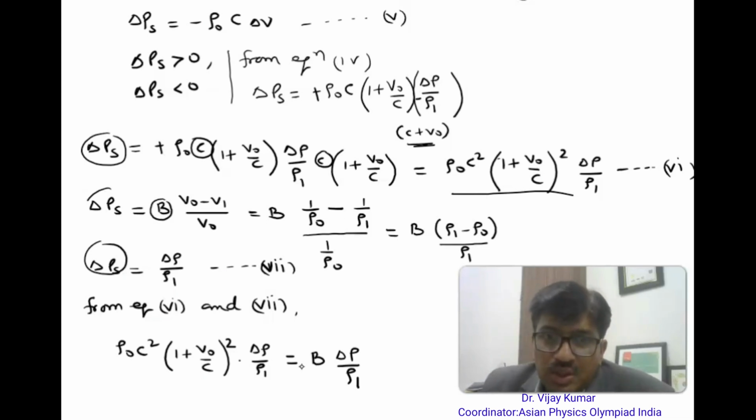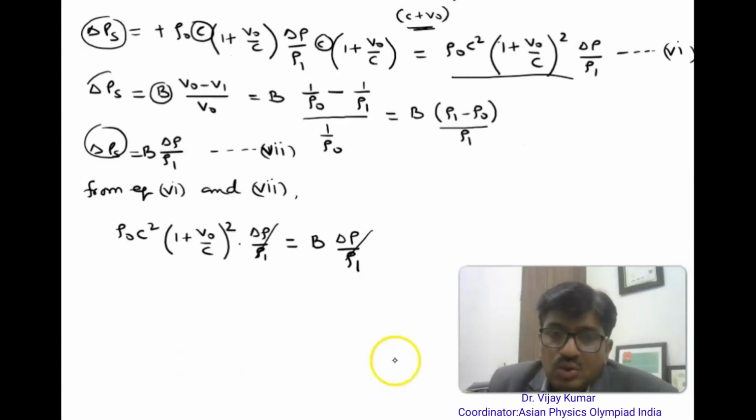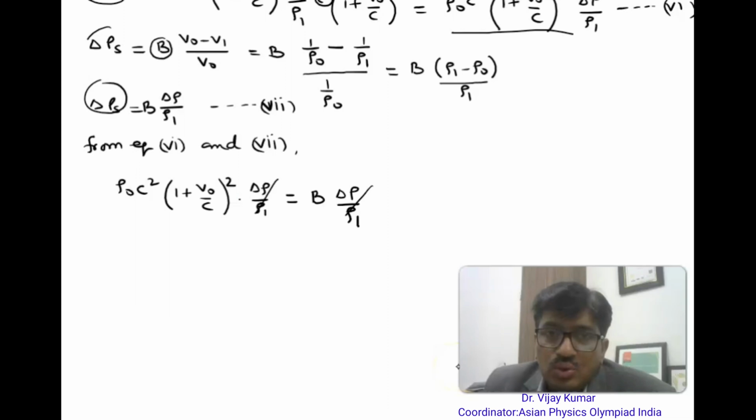Here should be B. And delta rho cancels out. So it becomes rho naught C square (1 plus V naught upon C) whole square equal to B.